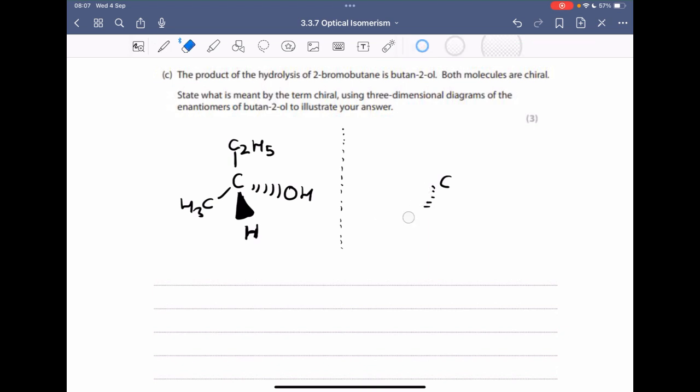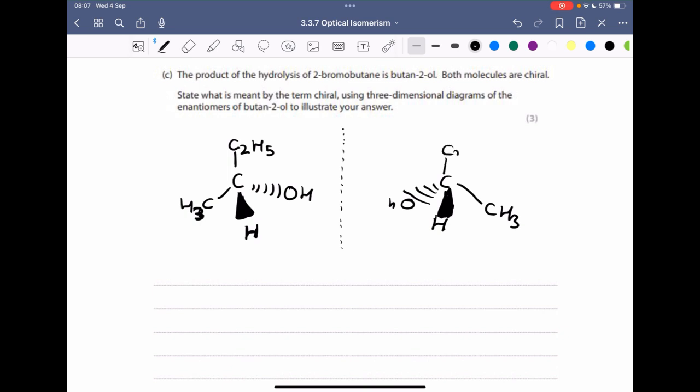If I go to the left, H. Now, this is a pretty badly drawn tetrahedral. Okay, and that's your first part done.